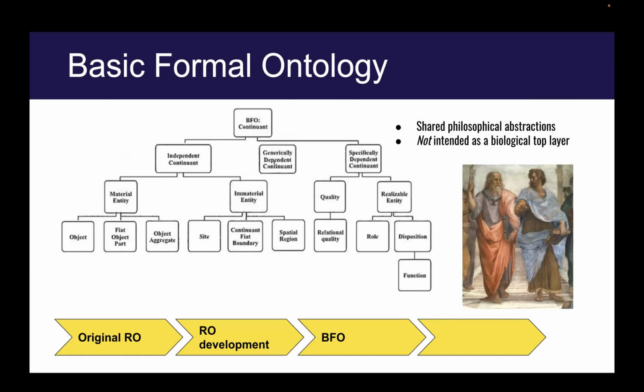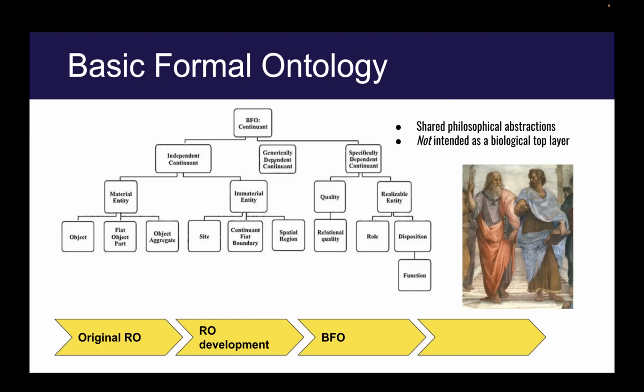Actually, this is only showing the continuant branch, specifically dependent continuants, and then further divides things into qualities, realizable entities. And you can trace the lineage right the way back to Aristotelian philosophy and Aristotle's subdivision of the world into qualities, substances, and so on.